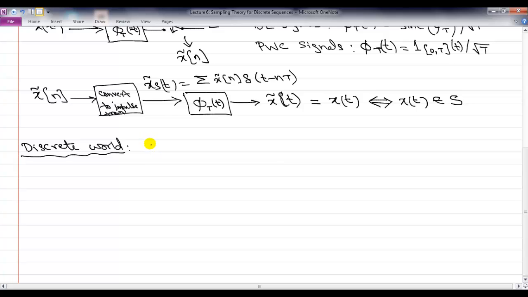In particular, just like in the continuous world, we talked about the class of finite energy signals. In the discrete world, we are going to focus on signals or the class which is called L2Z, sequences which have finite energy. Okay? That will be our focus. Sequences of finite energy.